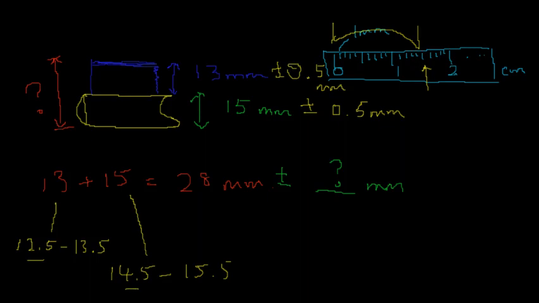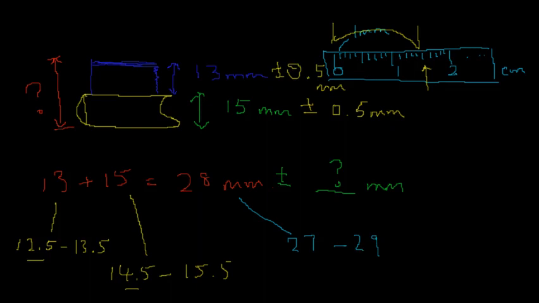So if you add those two, we get 27. And then the biggest possible answer would be to add the biggest possible value for each one, and that would be 29.